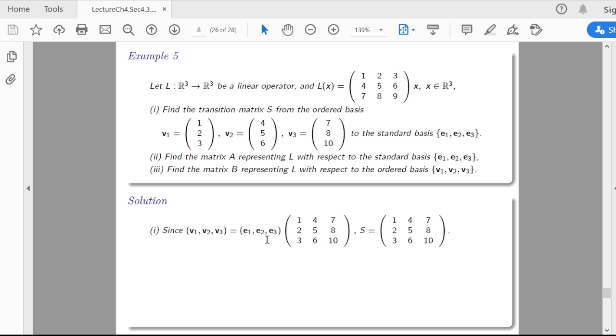First one, transition matrix. So V1 is 1, 2, 3. The component of V1 is 1, 2, 3. So we can say that is precisely 1, 2, 3 here. Because what? Because V1 equal to E1 times 1, that's 1.